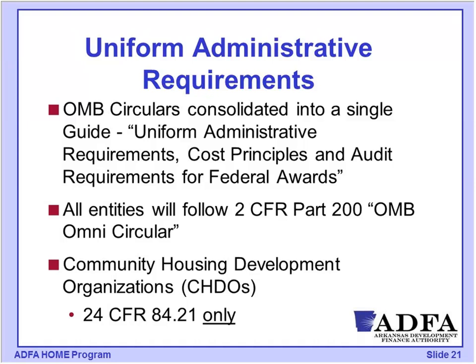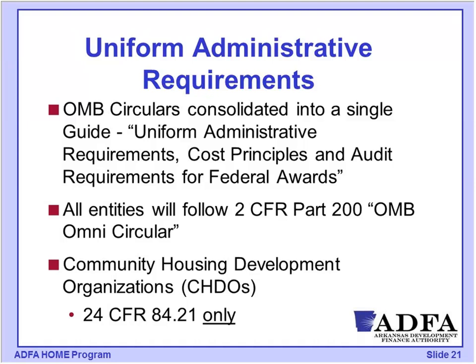As I mentioned, they've all been consolidated now and are found at 2 CFR, which is Code of Federal Regulations, Part 200. Sometimes they're called the Super Circular or Omni Circular. A lot of times you'll hear people simply say Part 200. These are the federal requirements that apply not only to HOME, but to many other federal programs, many or all.